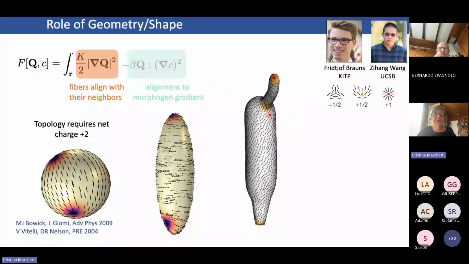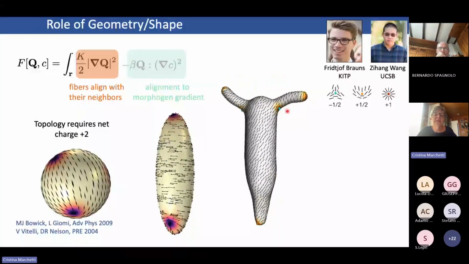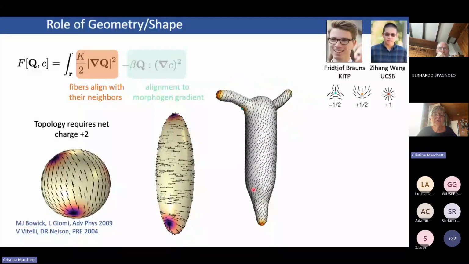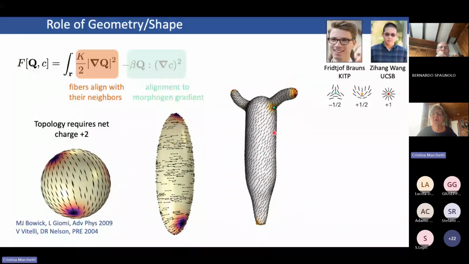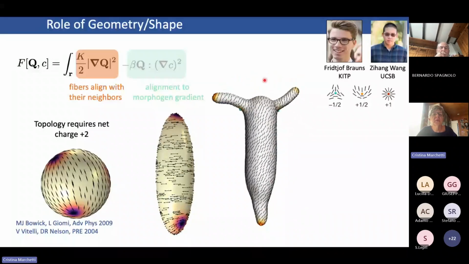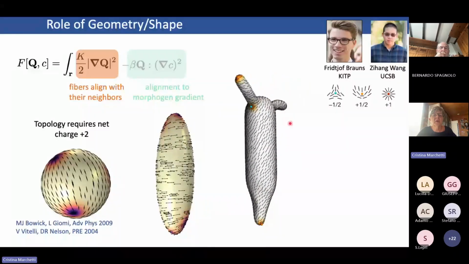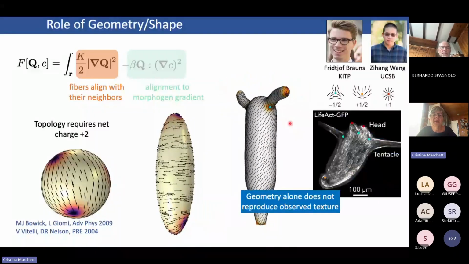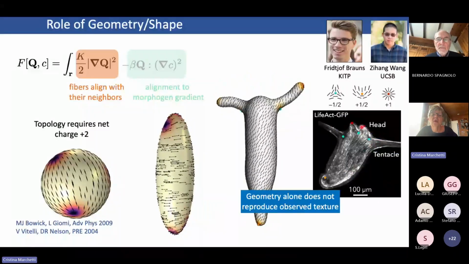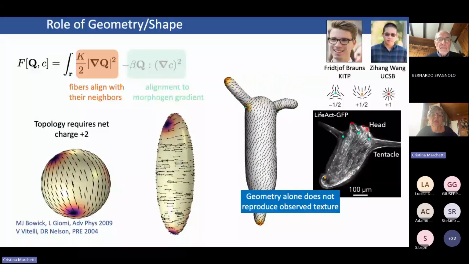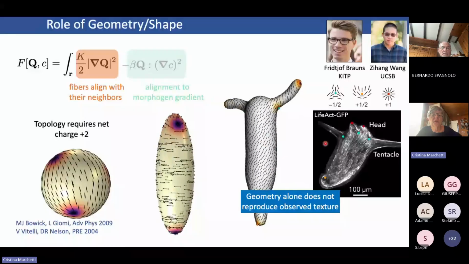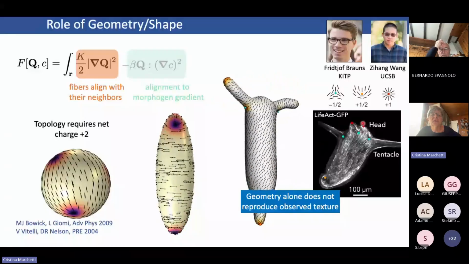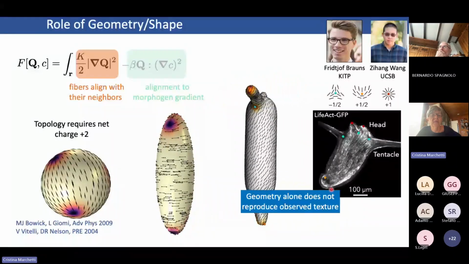And what you will find is that you do get a defect structure similar to the one found in Hydra, but with one important omission, which is that we do not get any defect at the location of the future head, where experimentally one observes a +1 defect. So geometry and nematic elasticity alone are not enough to reproduce the texture observed in Hydra.